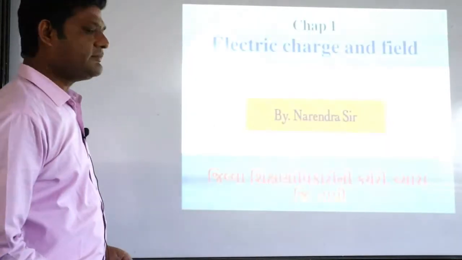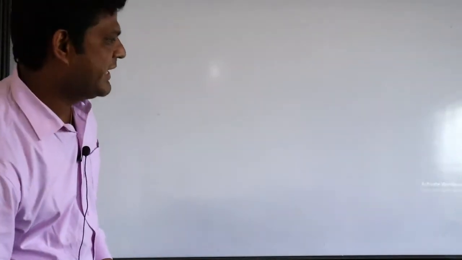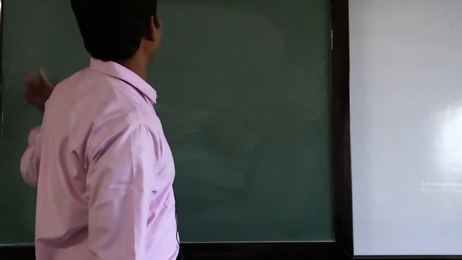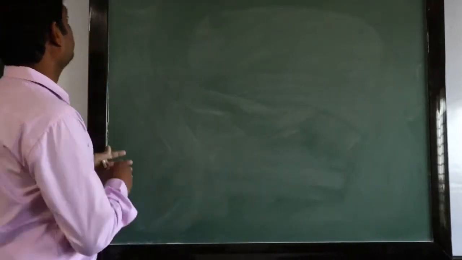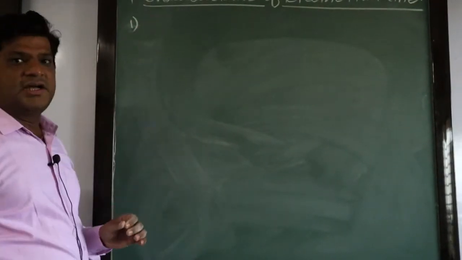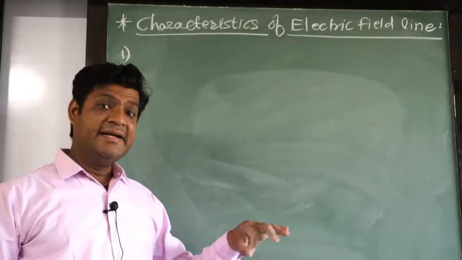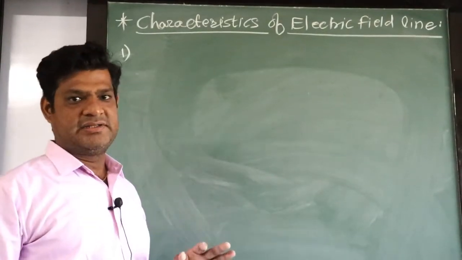See, the first characteristic of electric field lines: electric field lines always start from the positive and end at the negative charge particles.